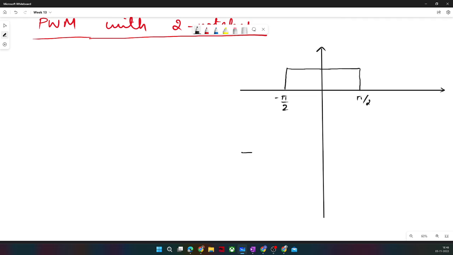Now we are giving two notches, so we need to give two signals, and I would try to remove one notch from here and one notch from here.